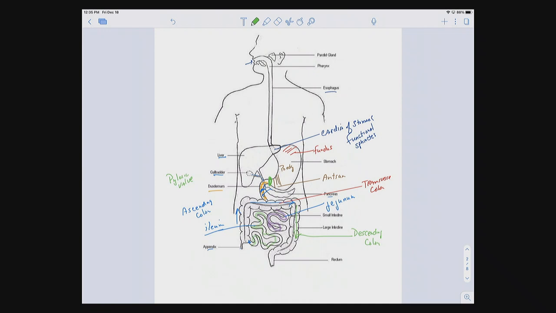And then ultimately the rectum and so forth. So that's our basic lay of the land here. I'm going to add a few other things in this diagram as we move along, but this should give you a sense as I allude to various parts of the digestive system where things are.